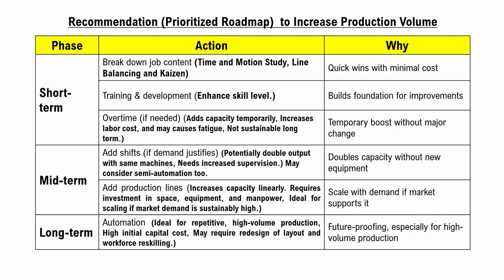It's a quick win, at minimum cost. Number two, staff training and development. This shall build the foundation for improvements. Number three, overtime. This shall add capacity temporarily, but shall increase labor cost and cause fatigue. It is essentially not a sustainable long-term solution.